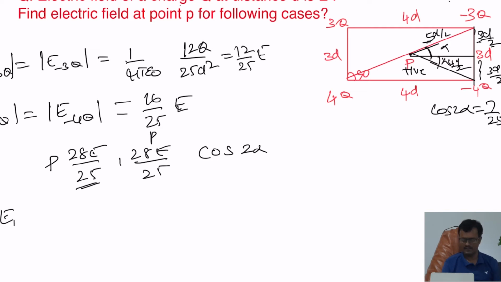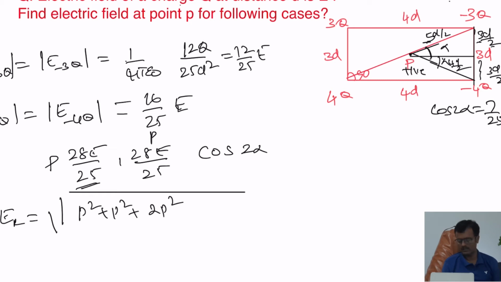So E resultant is equal to square root of P² plus P² plus 2P² cos 2α. So cos 2α is 7 by 25. So 7 into 2, 14 by 25. P² plus P², that is 2P².